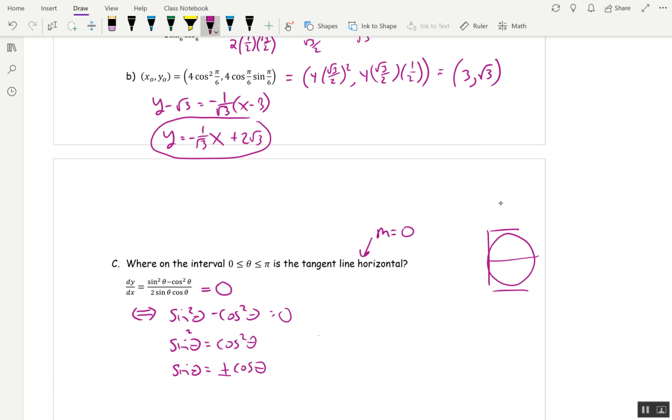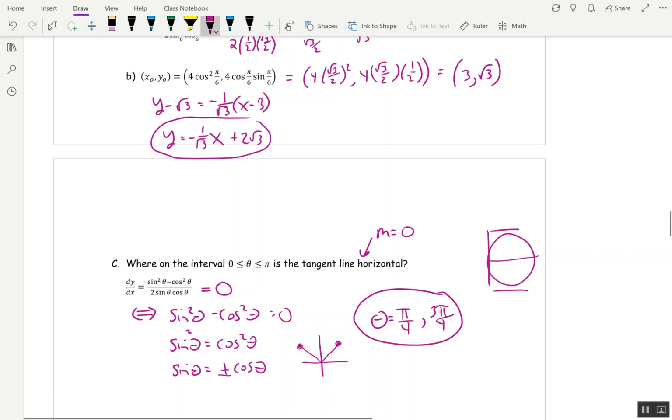All right, well, on the unit circle, sine theta equals cosine theta at theta equals pi over 4. And then they're opposites at 3 pi over 4. So those are our 2 angles that correspond to these horizontal tangent lines.